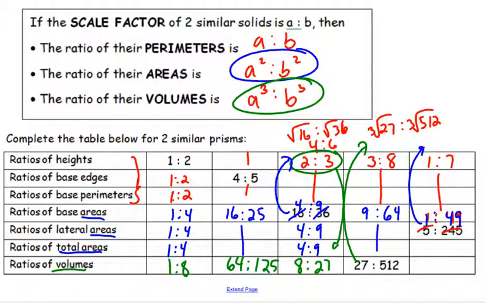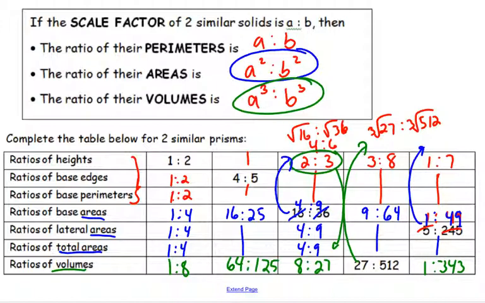So I've got the rest of these measurements. Just those first 3 are 1 to 7. 1 to 49. And then for my volume, 1 cubed is still 1. 7 cubed is 49 times 7, which is 343, if I can do my math.